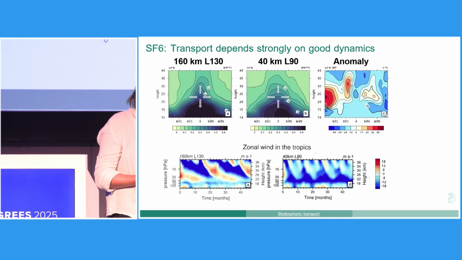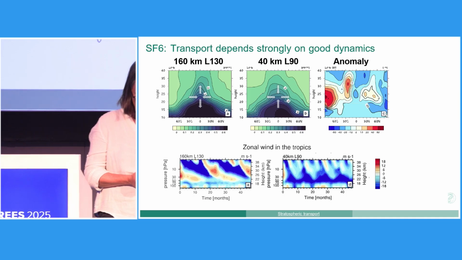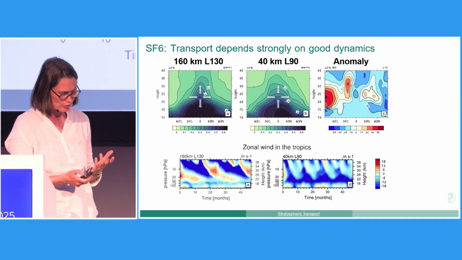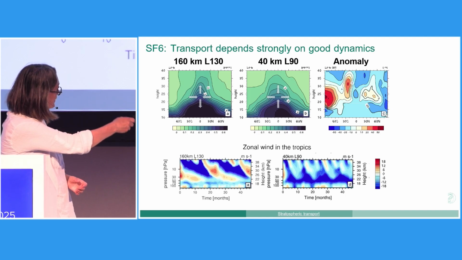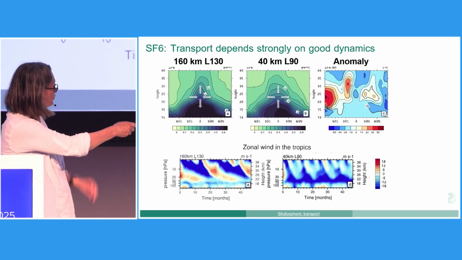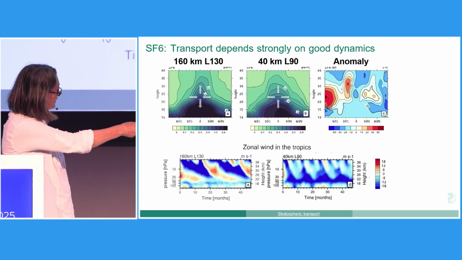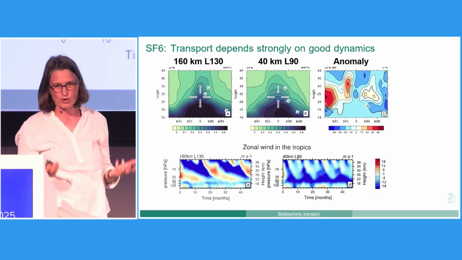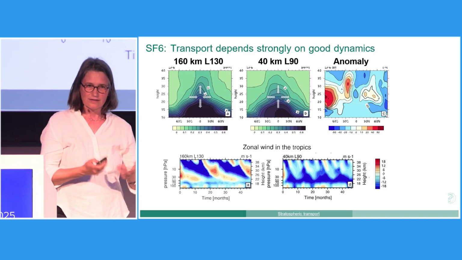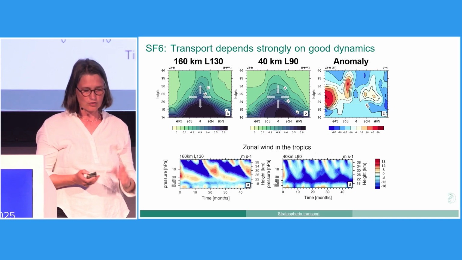It's quite important. It shows that it is important to have a good QBO, and not only within the tropics but also outside. Even when we would inject around 30 south and north, it would impact our transport in case the dynamics in the model are not correct enough.